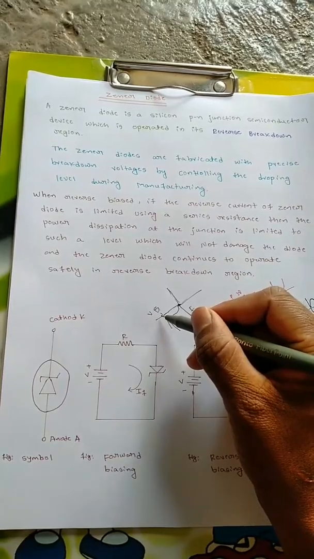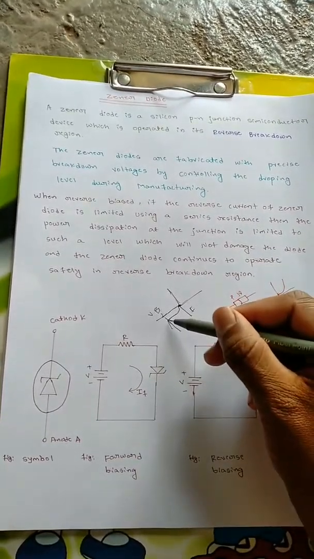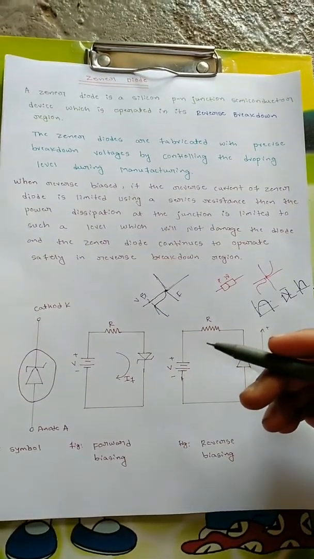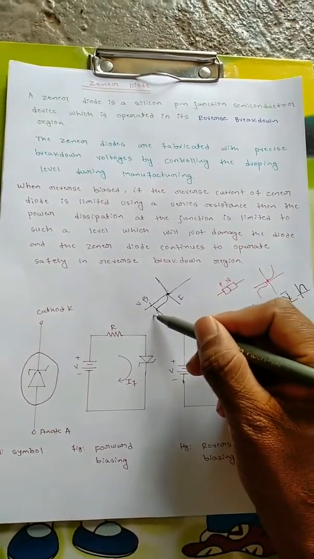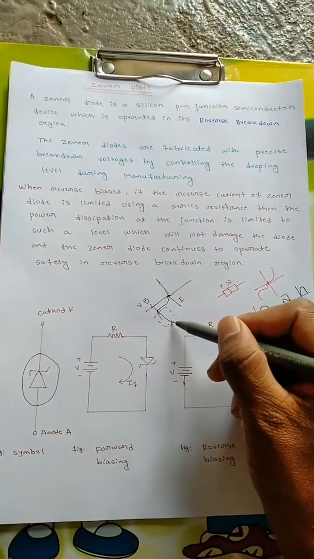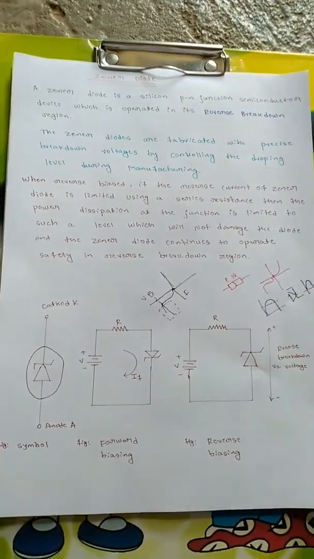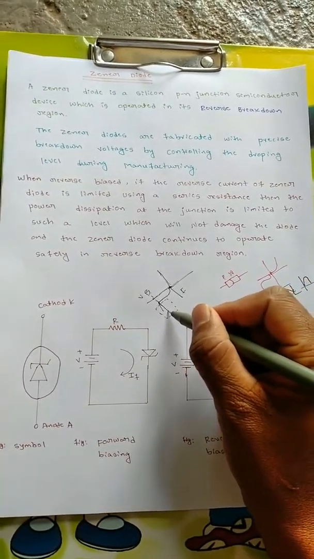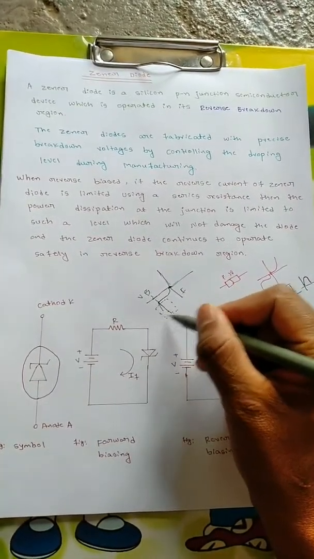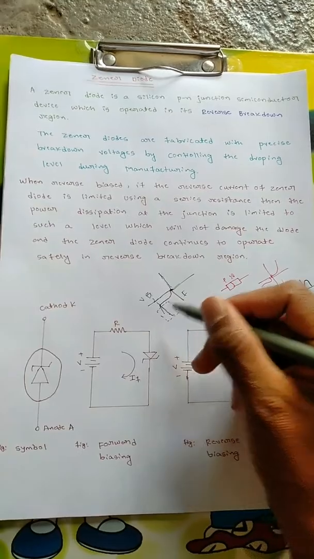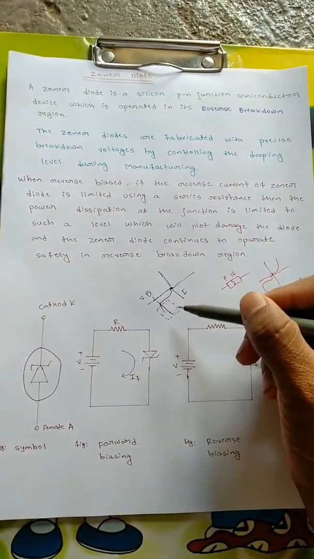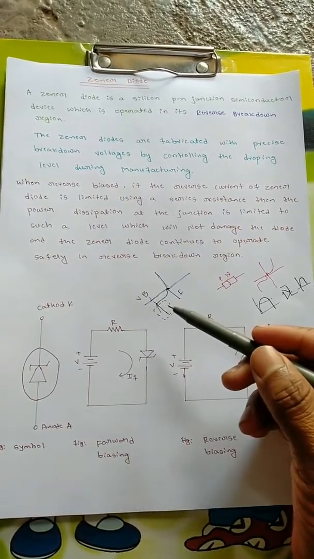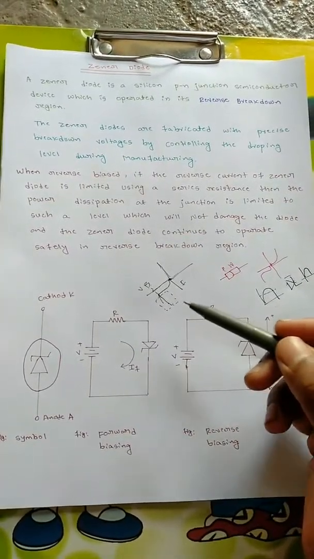Though we increase the current in the negative direction, the voltage from this point to this point will remain constant. This makes it special. This portion makes the Zener diode special to use in voltage clipper and voltage regulator applications, because in a voltage regulator we want a constant voltage, and in this portion we are getting the constant voltage. That's why the Zener diode is used in voltage regulators as well as clippers. This can't be done with normal PN junction diodes.